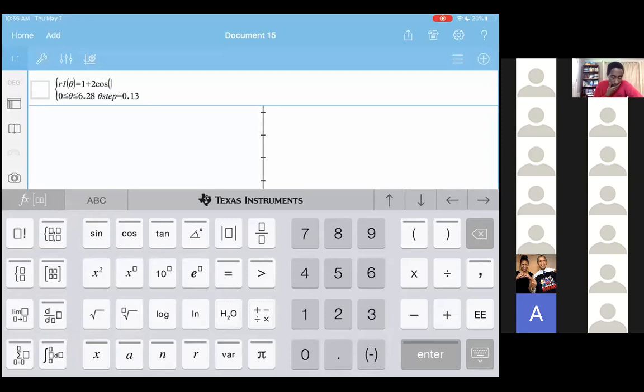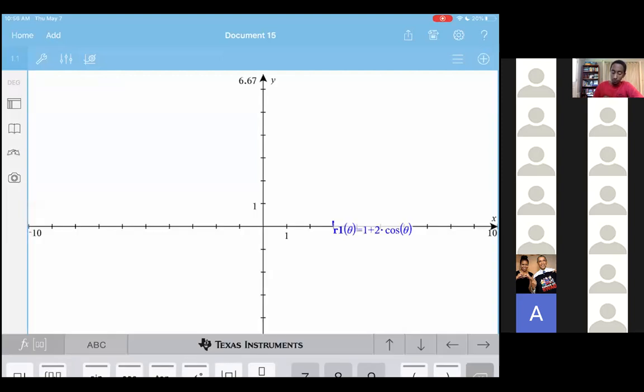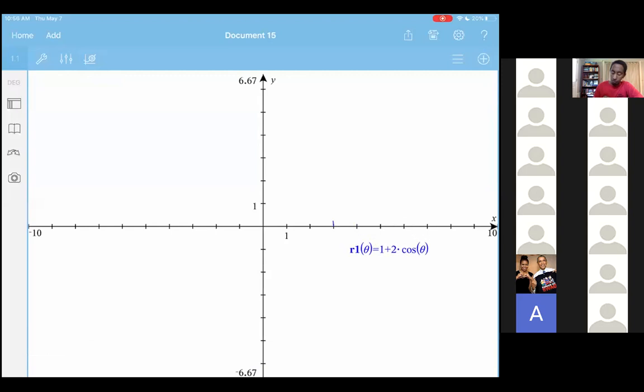It's on the iPad, so I don't know where the theta is. Ah, there we go. Okay. And then this is saying from 0 to 2 pi. 2 pi is 6.28. So that's not enough, actually. So I'm going to go back.